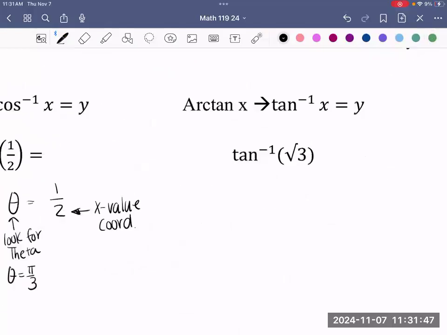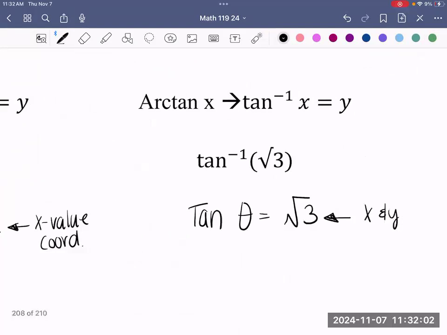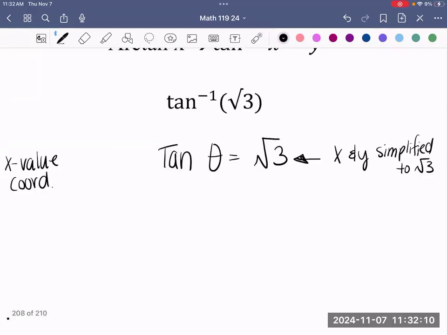Now, once more with your arctan. So if we're looking for tangent of theta equal to root 3, this is where your tangent, your x and y coordinate, simplifies to root 3. There are only a couple options for this to happen.